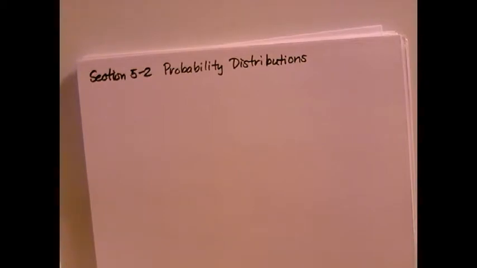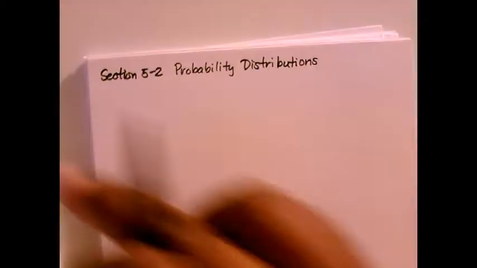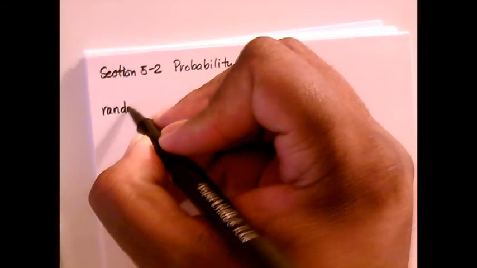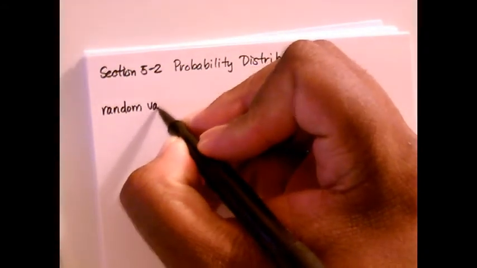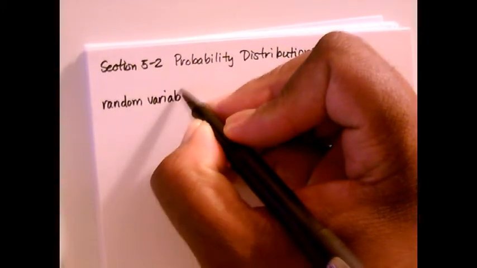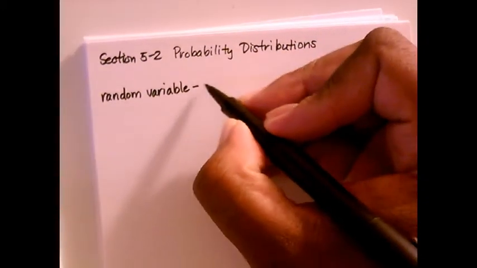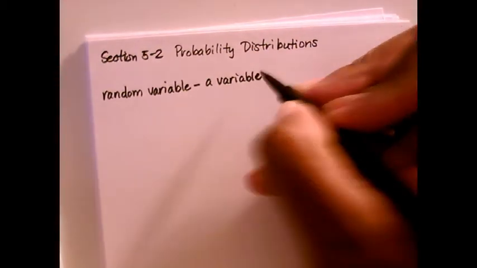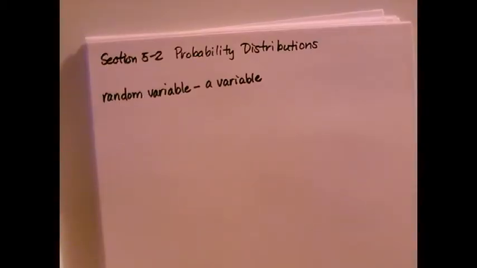Alright, so what I need to define first is a random variable. A random variable is a variable. And of course, a variable, if you recall from algebra, is nothing but a letter that's used to represent an unknown. So in this case, we'll be using x as the unknown.